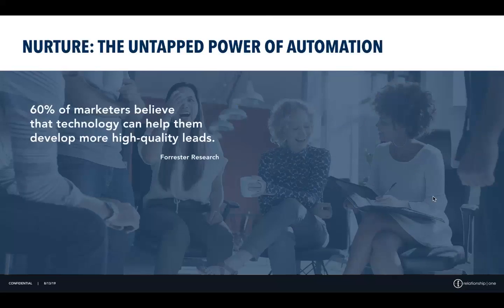Think about 20 years ago where email marketing was just in its infancy. It was really difficult, and a lot of the things were still reliant upon non-digital streams. So we've come a long way, and marketers do believe that that can help.